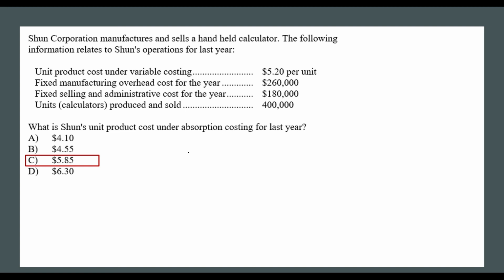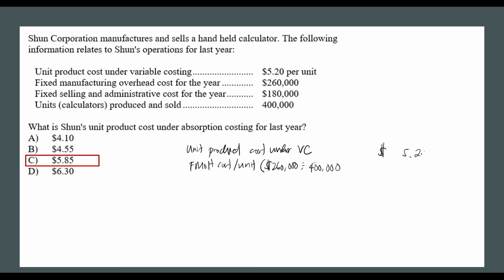So I'll provide here the solution. We have here your unit product cost under variable costing. And then we add your fixed manufacturing overhead cost per unit. And how do we do that? It's $260,000 divided by the units produced of 400,000. We have here your unit product cost of variable costing of $5.20.